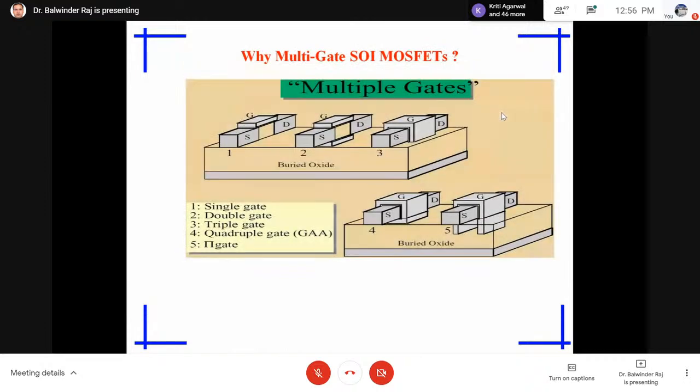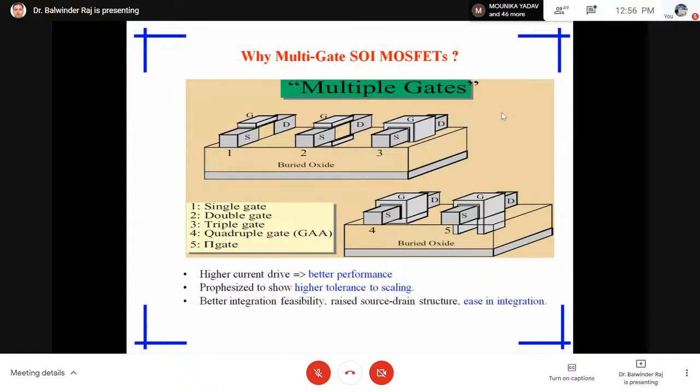Next, SOI technology based devices can be designed with multiple gates: single gate, double gate, triple gate, quadruple gate, pi gate. Here, this is the bottom layer, this is the silicon layer, then we have a buried oxide, silicon dioxide or any other oxide layer, to make the box of SOI.